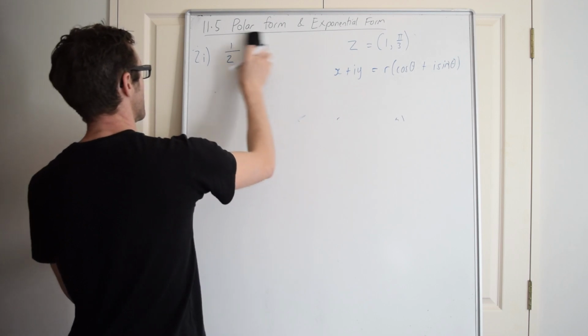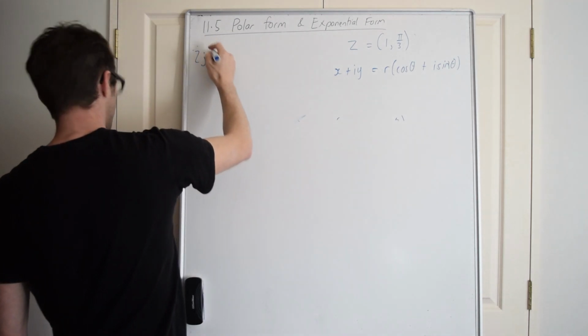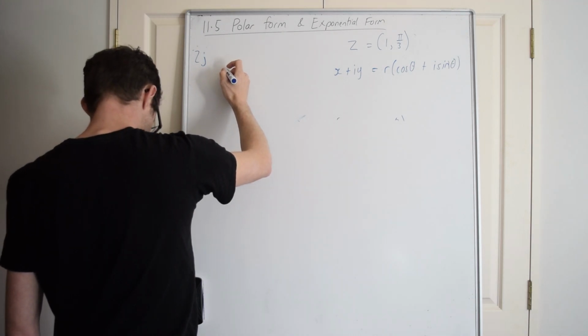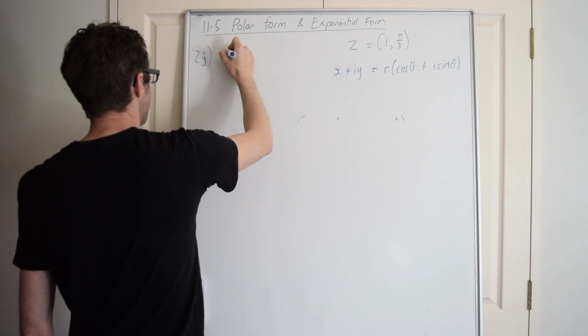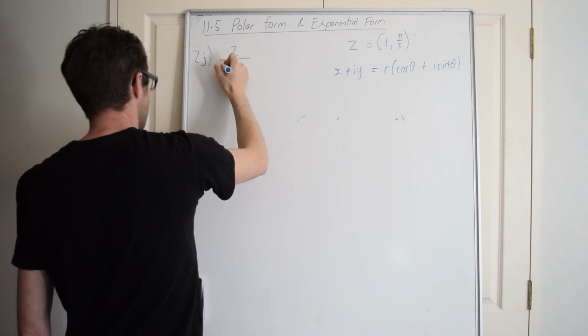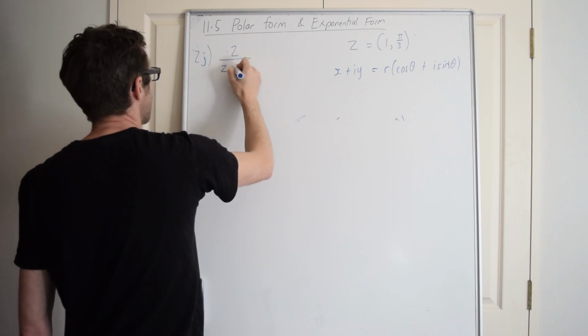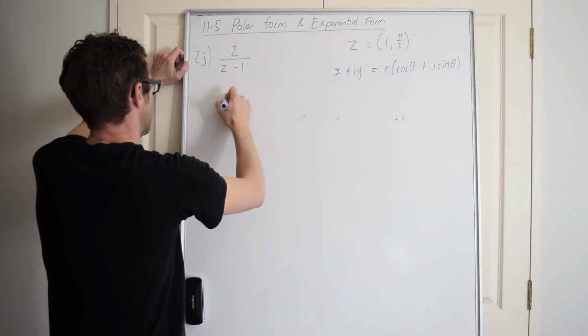Last one from question 2 is question 2J. For question 2J, we have as follows, 2 over z minus 1. Now, you want to write this like this first of all.